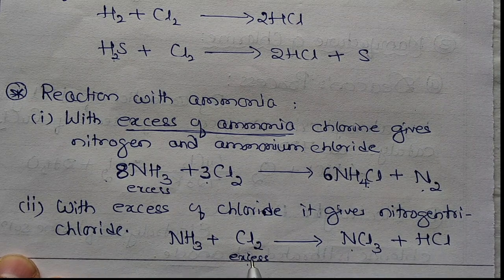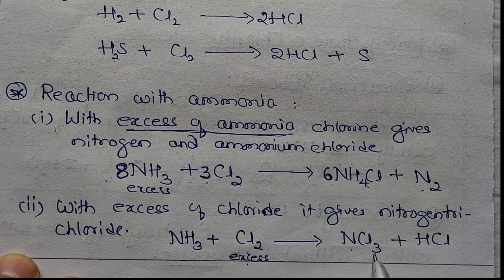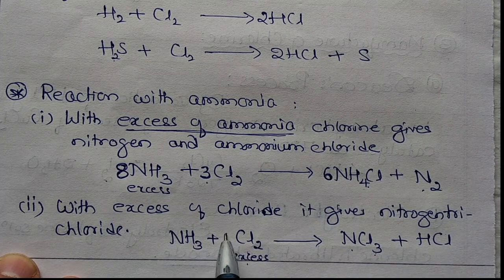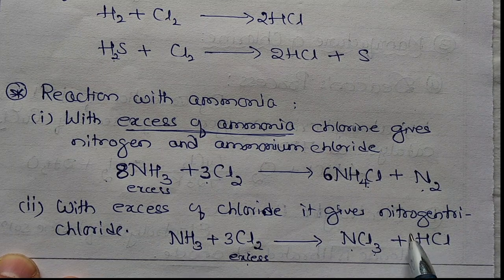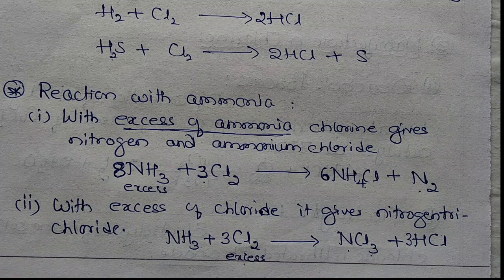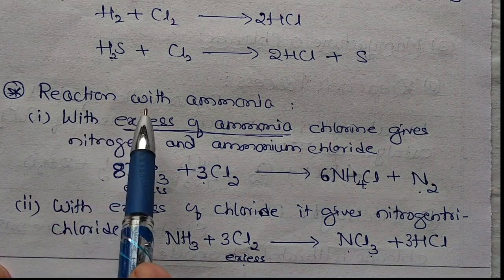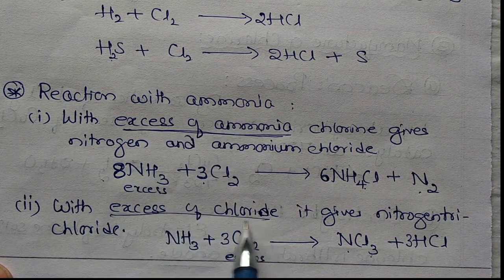Here ammonia is less and chlorine is more. To balance, there is an odd number of chlorines on one side, so write 3 HCl, because 3 hydrogens must be balanced. So 3 HCl, 3 chlorines, 6 in total, now it is balanced. This is how it reacts with ammonia: one of the important reactions of chlorine, with excess of ammonia and with excess of chlorine.